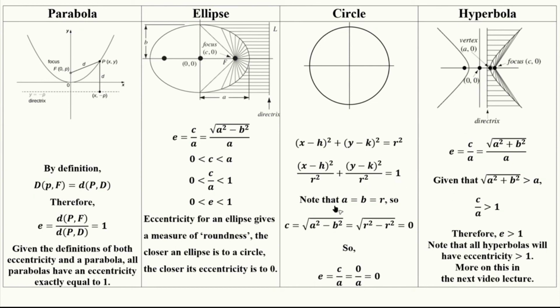And we know that for a circle, which is a special kind of ellipse, a and b are the same, so we end up with c, the square root of a squared minus b squared, becoming the square root of r squared minus r squared, which is 0. So the eccentricity for a circle is always going to be c over a, which is 0 over a, and therefore 0.